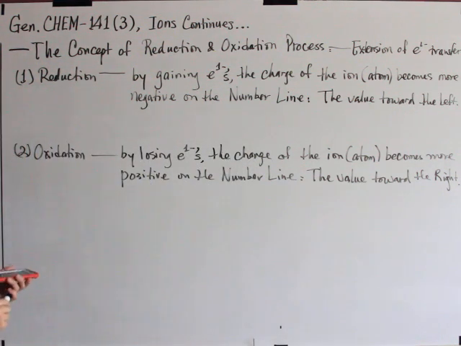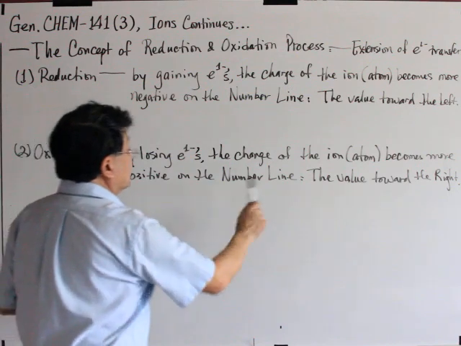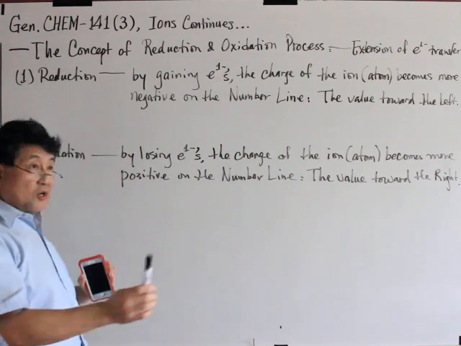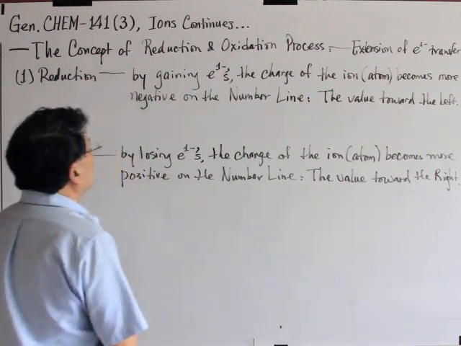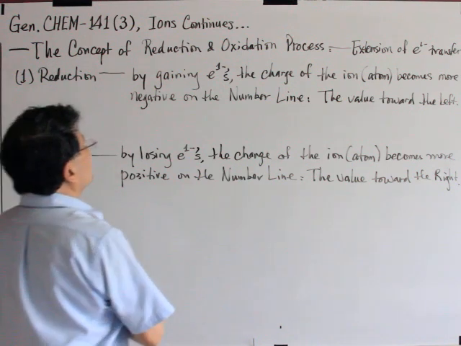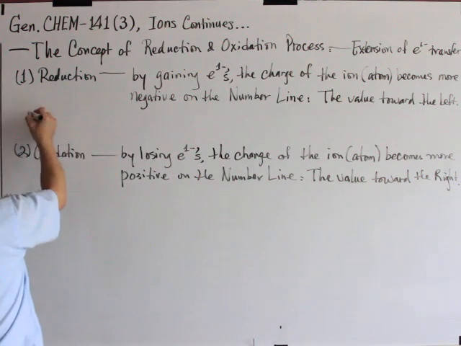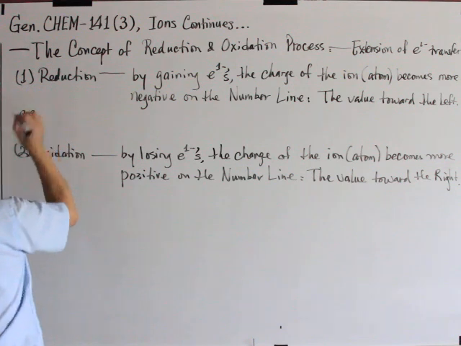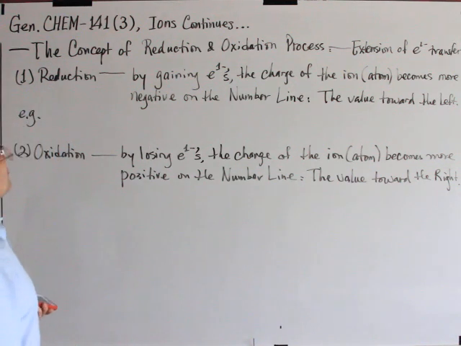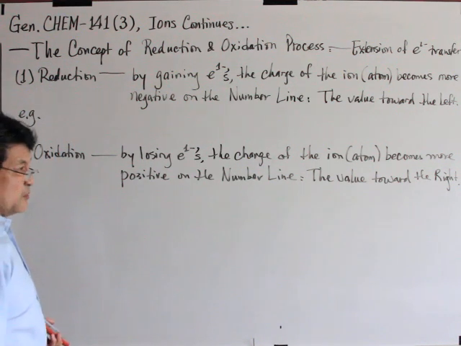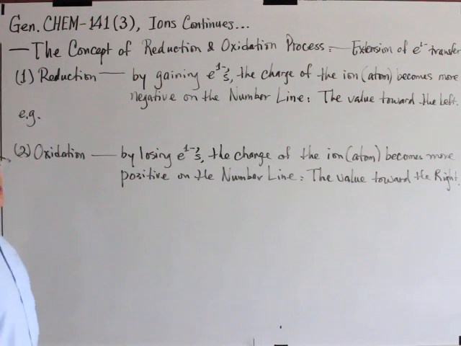Now here we talk about number 0, and we are going to use the number line to show you after we do this. For example, right here, an example for the problem we solved. Who gains the electron?